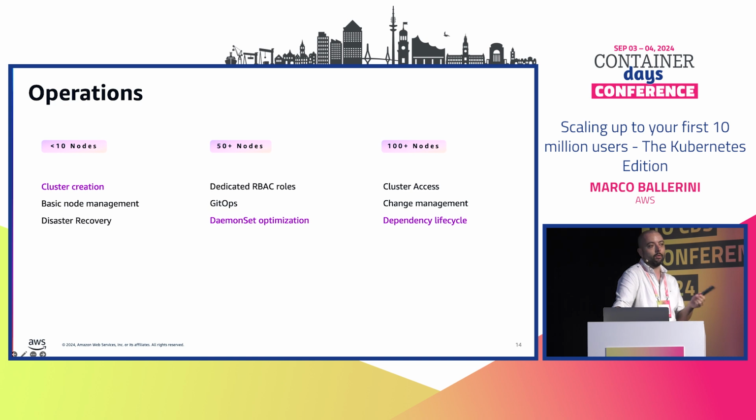This is good for a couple of reasons. One, because it removes a lot of overhead from your operations DevOps team. And two, because then the dependencies follow the lifecycle of the application. Every time you need to recreate a cluster, or you have a DR situation, or simply you add another application to your cluster, you can get the dependencies that you need created together with the application.